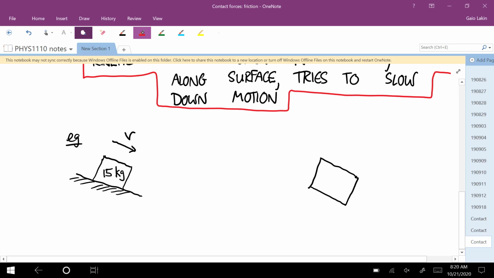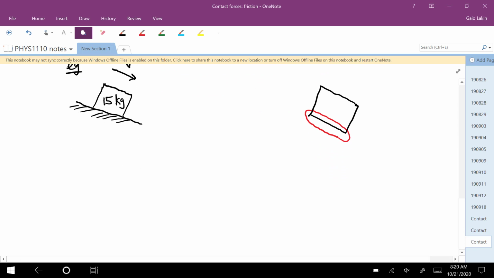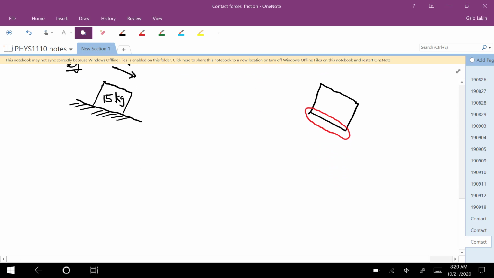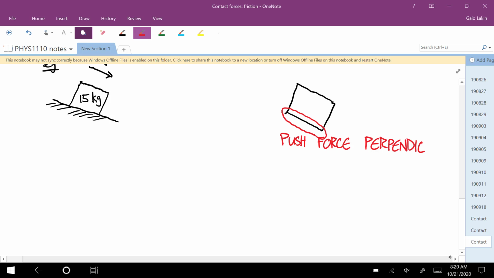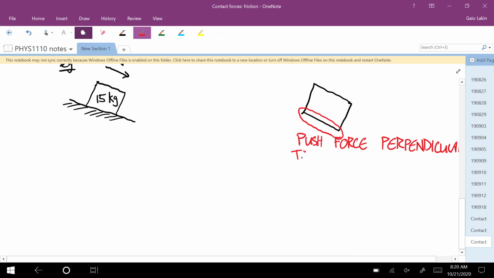But as far as contact forces go, the contact all happens here at the bottom of the box. And there are actually two types of contact forces that act. There is a pushing force that keeps this box from sliding into the surface. And that's the force that's perpendicular to the surface. It follows the rules of the pushing force, perpendicular to the surface.